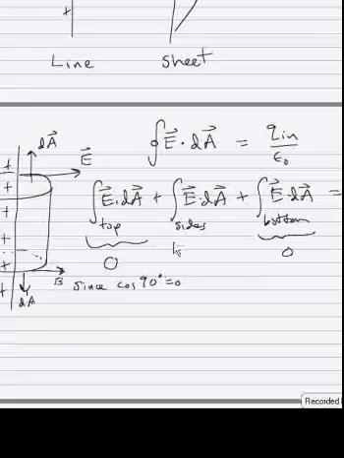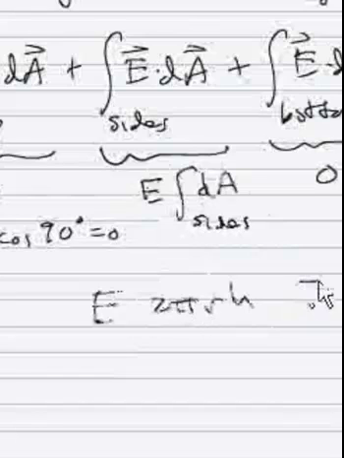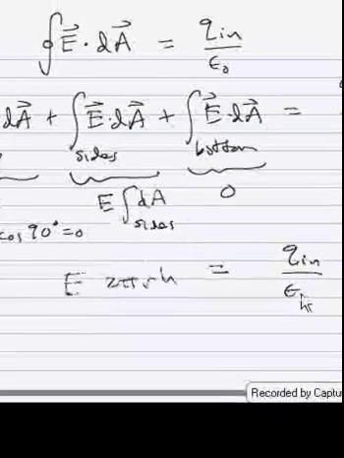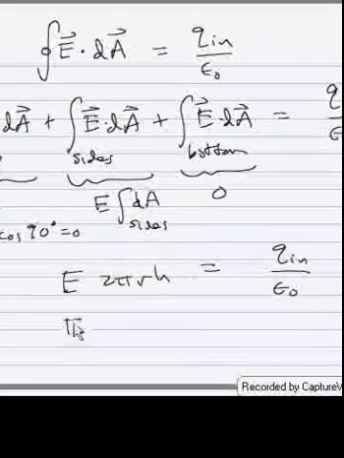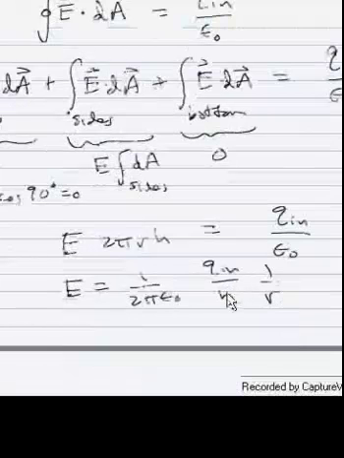And now let me take a look at the sides. This is going to be E times the integral of dA over the sides. And so I end up with E times 2 pi R H is Q enclosed over epsilon naught. And Q enclosed over H is my lambda.